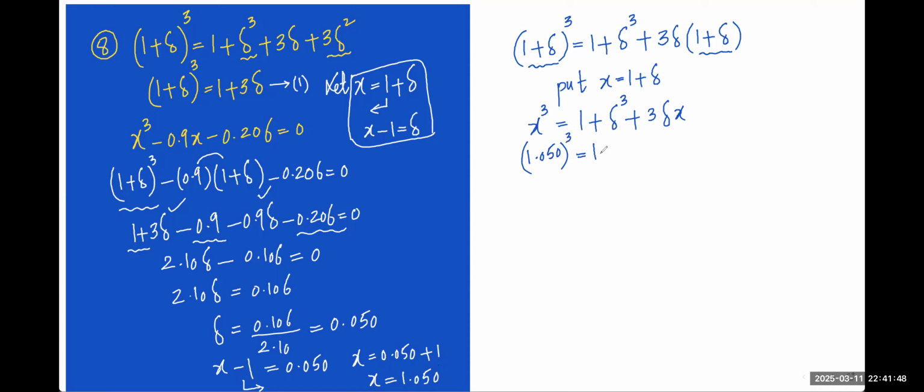is equal to 1 plus delta cube plus 3 delta into x value, which is 1.050. Now if you simplify, how much is it after taking the cube? Do you have a calculator with you? Yeah, I'm just checking that.